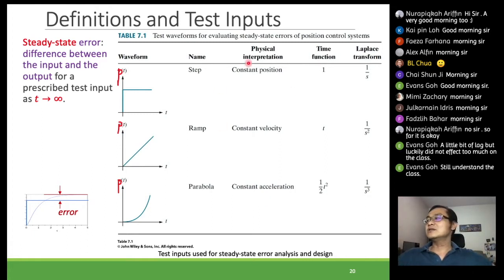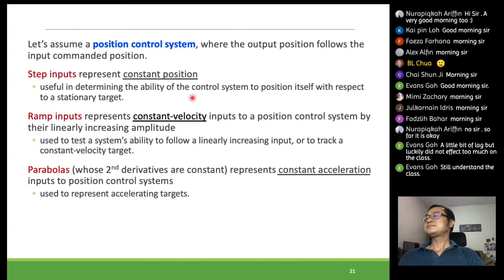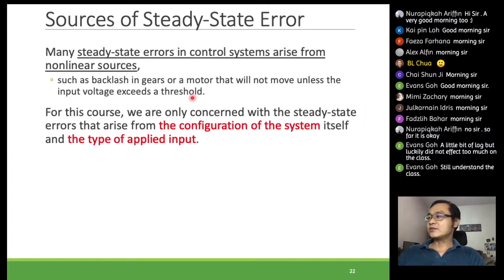This physical interpretation may be related to motor positioning, whether you want to just rotate and stop, or you want it to continuously rotate by giving a signal of constant velocity, or you want to give a signal of constant acceleration. That is how we would give different types of waveforms as input. This is the idea behind it, and this is the description of what I've mentioned previously.